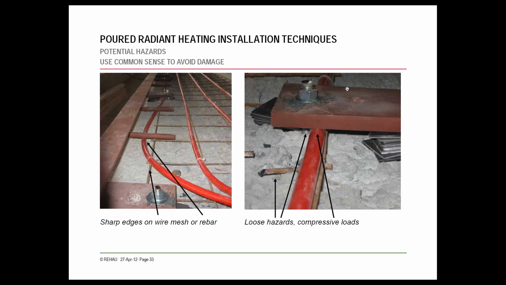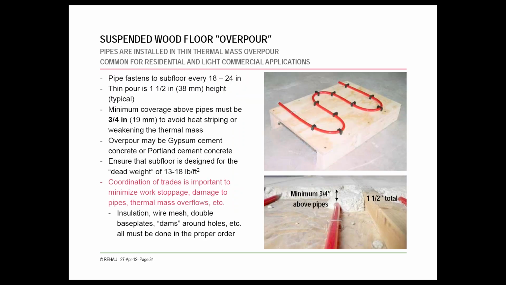And same with loose metal objects and whatnot. Just keep the tube away from any hazards. You can always put a piece of scrap between it and a piece of metal, for example, to keep it from rubbing until the slab is poured.